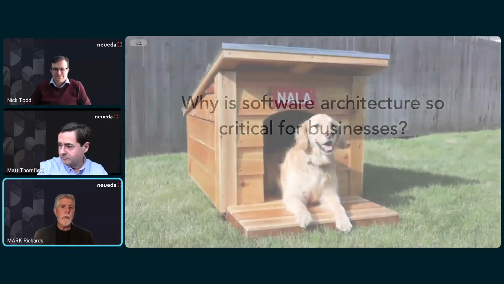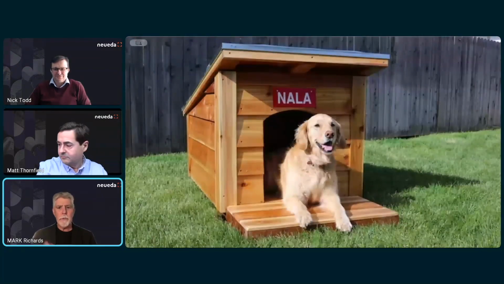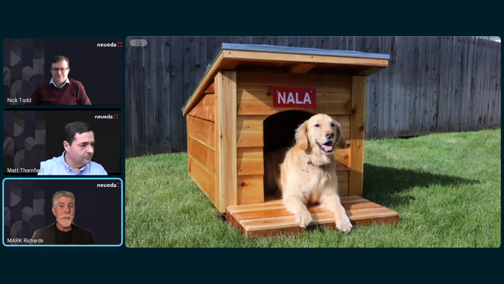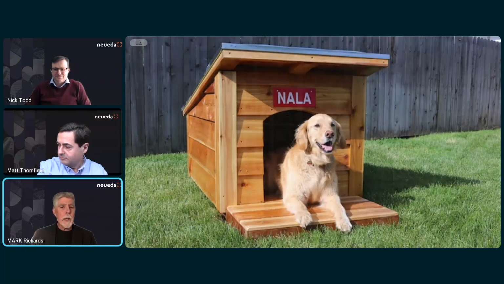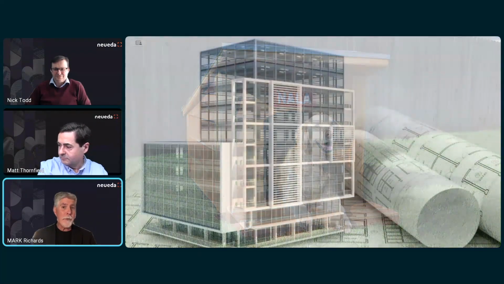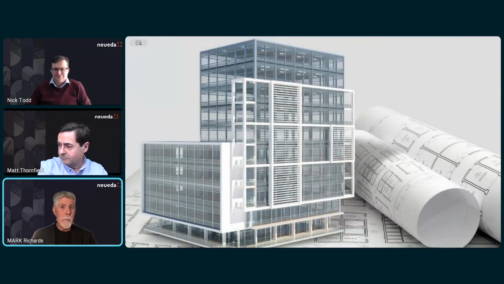If you're going to build a doghouse for your pet, you certainly do not need an architecture. All you need is a hammer, some nails, and some wood, and all is fine. However, if we're going to construct a 10-story office building, you must have an architecture.